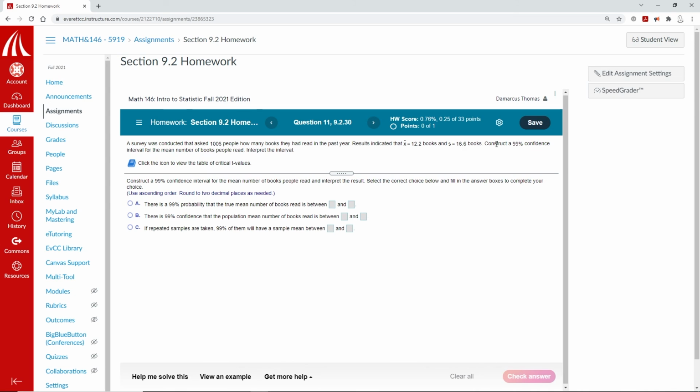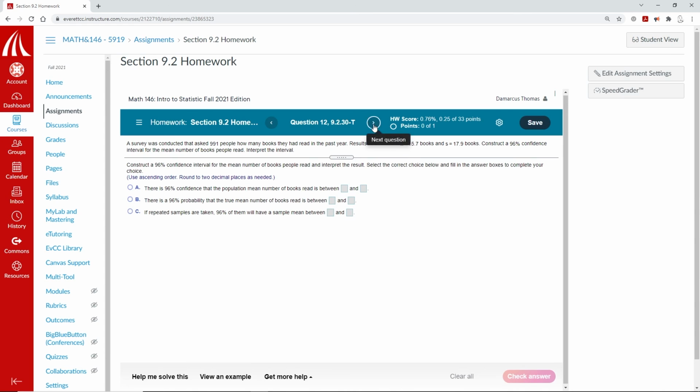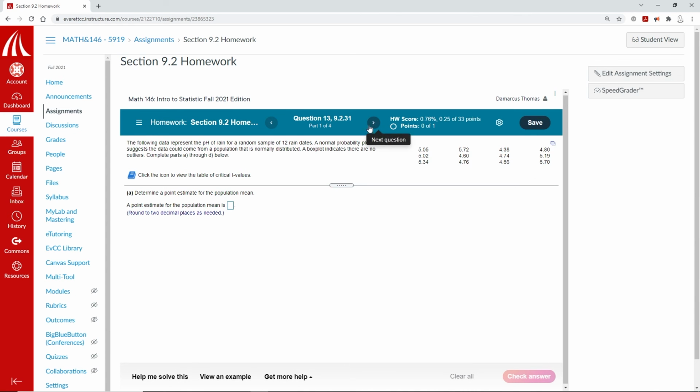All right, so you have all the statistics here, and all you got to do is construct a 99% confidence interval. I would definitely use technology here, and that would answer the question pretty efficiently.